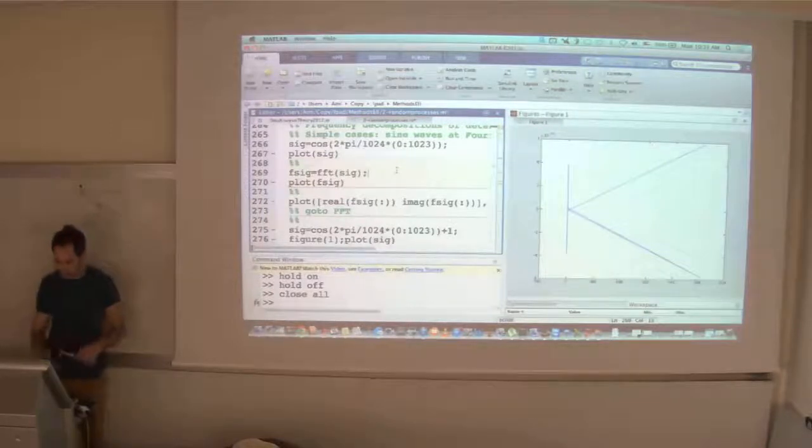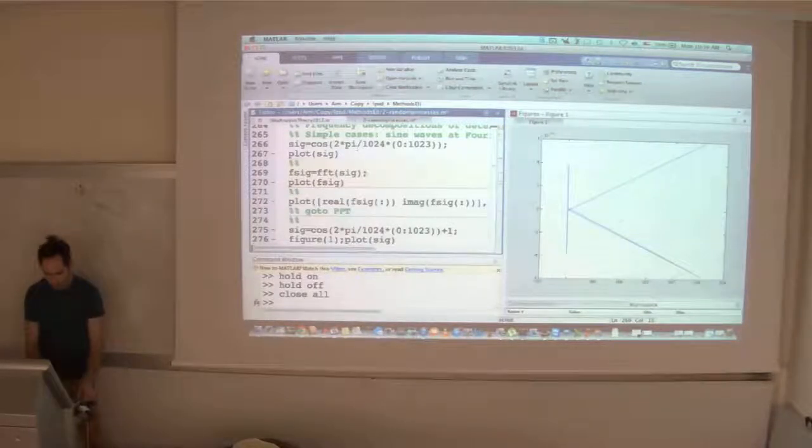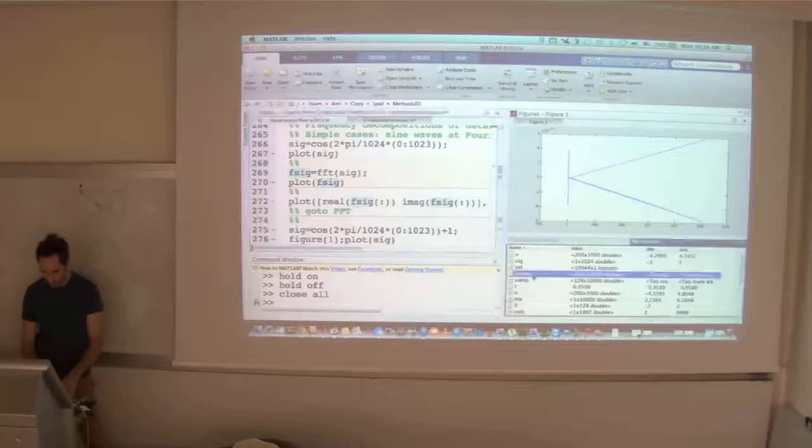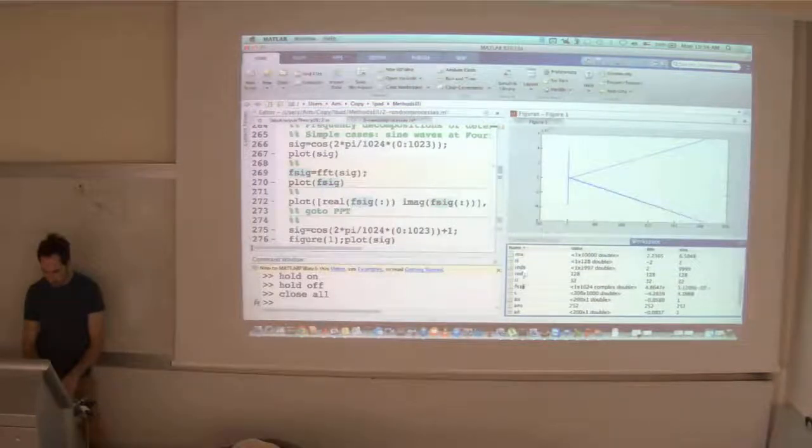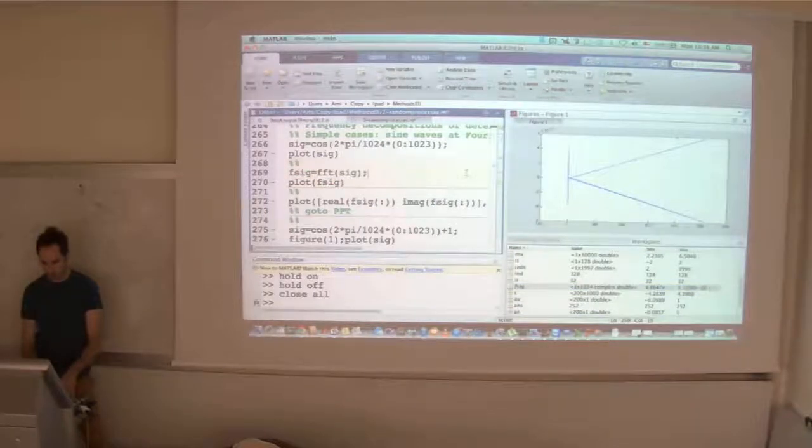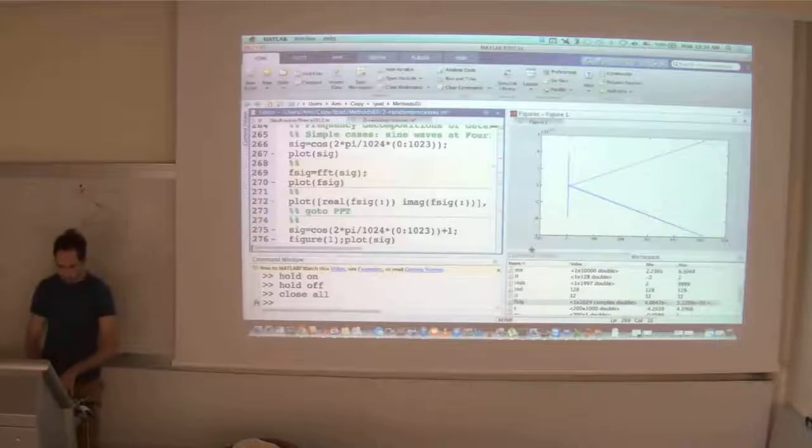Okay, so the answer is really simple. The FFT returns fsig. We can look at what fsig is. So the data is complex numbers. You cannot read it, but this is 1024 points of complex numbers, and this is exactly what I just said to you, that FFT uses complex numbers.